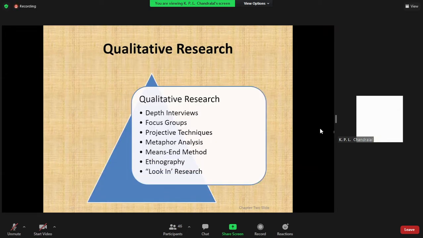So these are different options available for researchers. First we have depth interviews, then focus groups are also available.